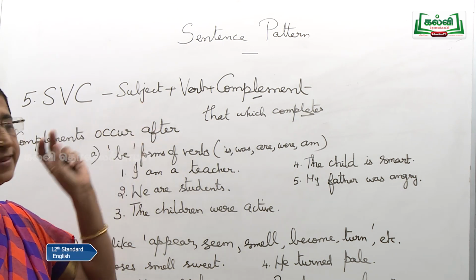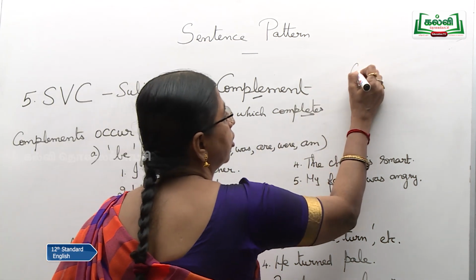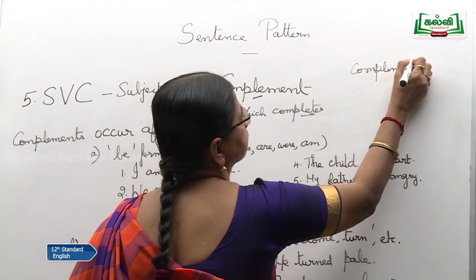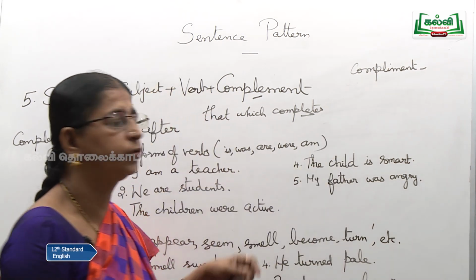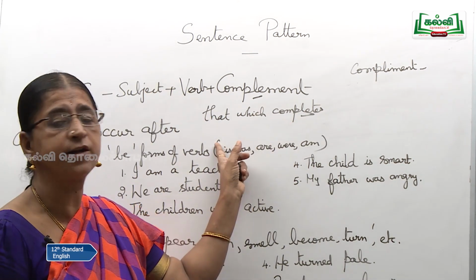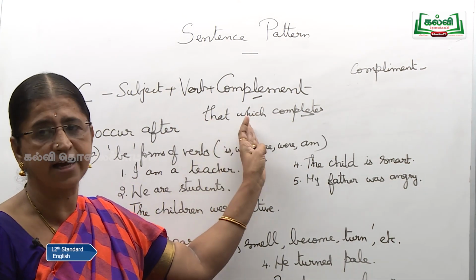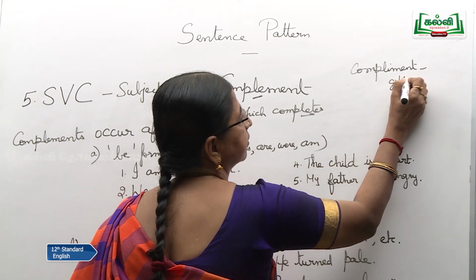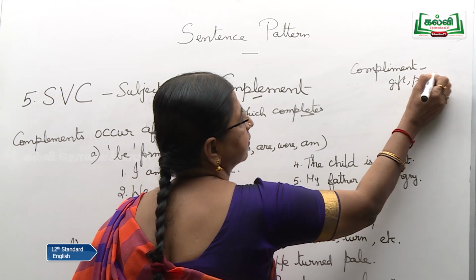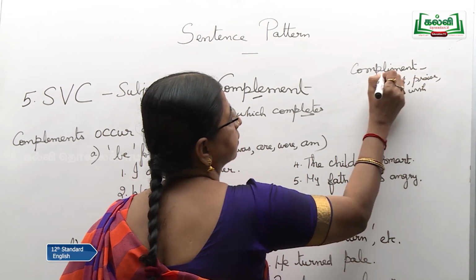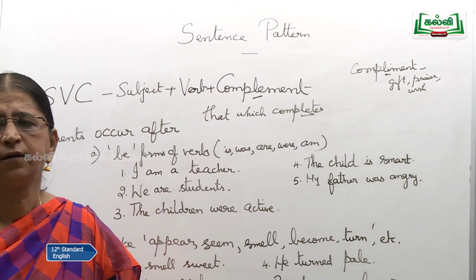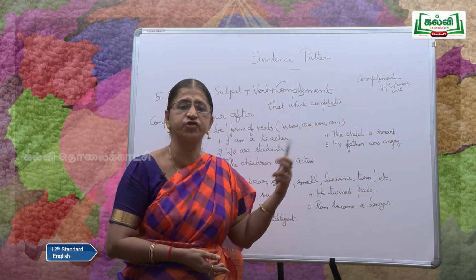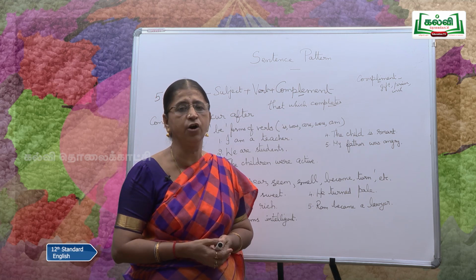Now, before discussing this, beware of the word complement. You could get it under homophones, complement and compliment. Complement is that which completes. Compliment is a gift or praise or wish. Now, you say this is a compliment for you on the occasion of Diwali, on the occasion of Children's Day. So, a gift is being offered.